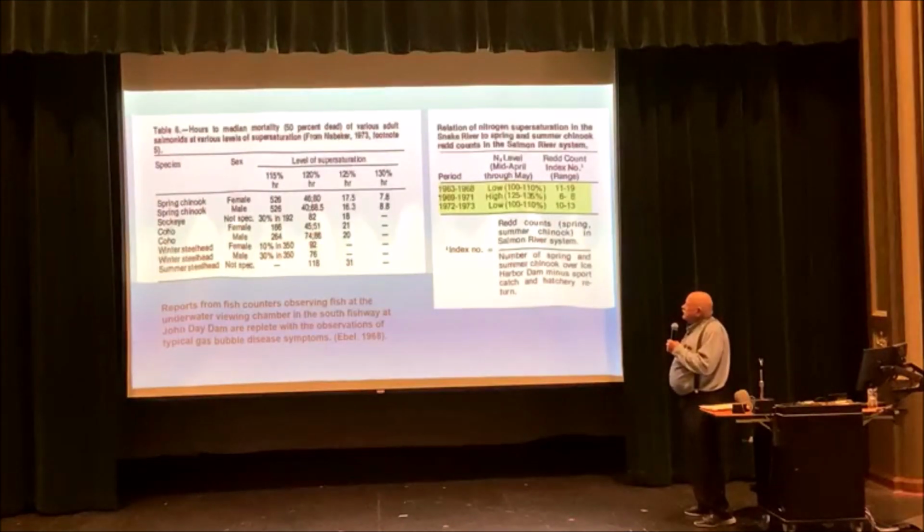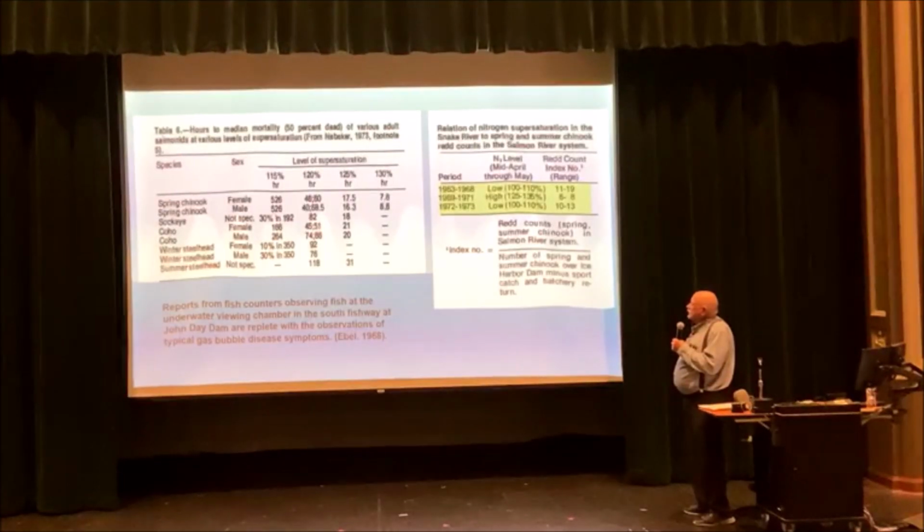And this is some of the research, some of the information that they published at the time. They were testing to see how long it took for 50% of the fish to die at 115%, how many hours? 526 hours. At 120%, 46 to 80 hours. 17 and a half hours at 125%.